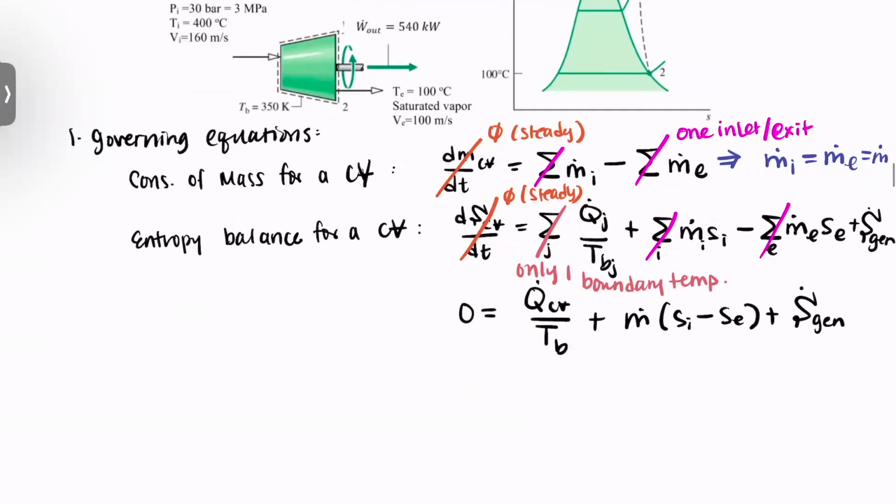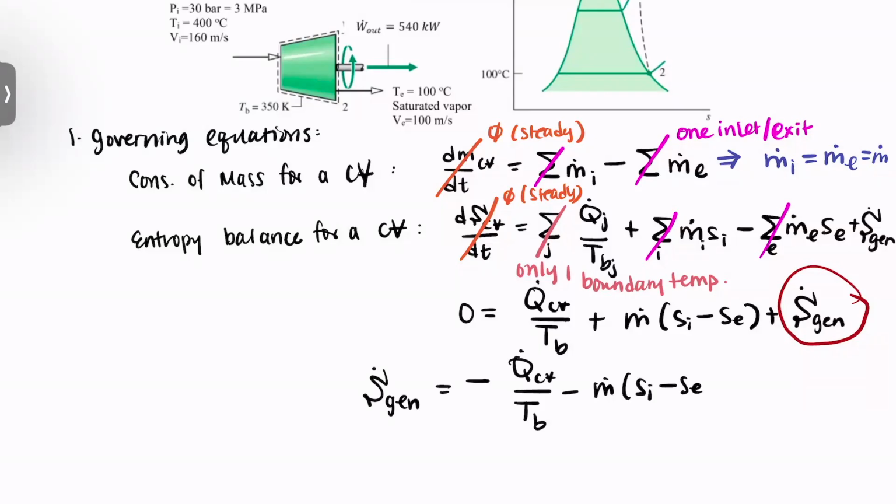Great. So we want to find this S dot gen term. So I'm going to solve this equation for S dot gen. So we have S dot gen is equal to minus Q dot for the control volume over TB plus, oh, sorry, minus m dot times si minus se. Okay, so a couple things to note.